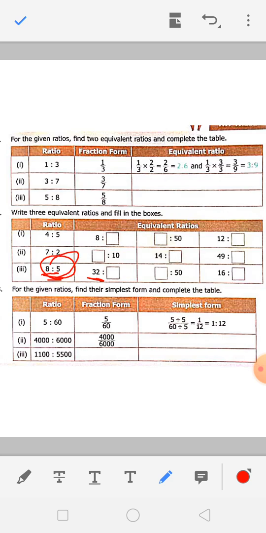So 8 4s are 32 and 5 4s are 20. And then here the second value is 50. 5 changed into 50, which means 5 multiplied by 10, 5 tens are 50. So we have to multiply 8 by 10. So 8 tens are 80. So the second is over.